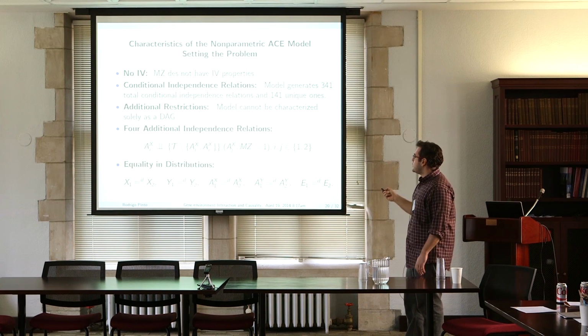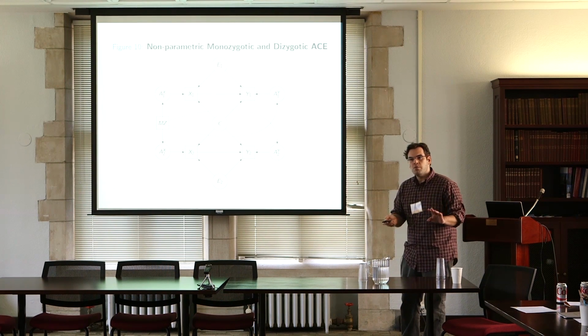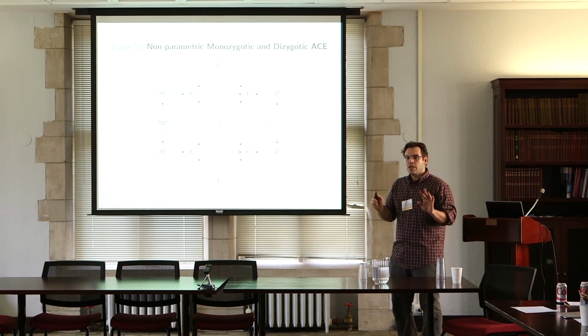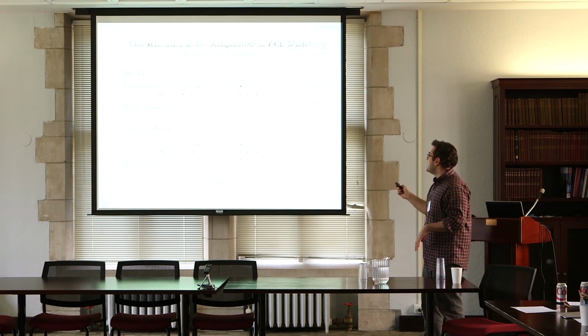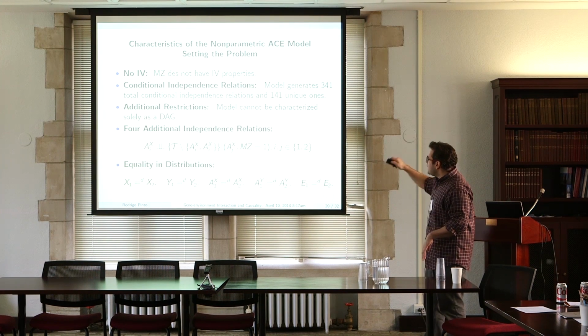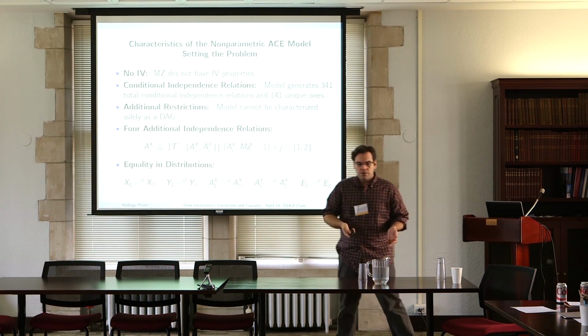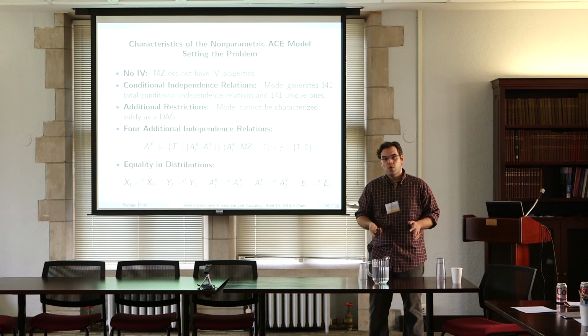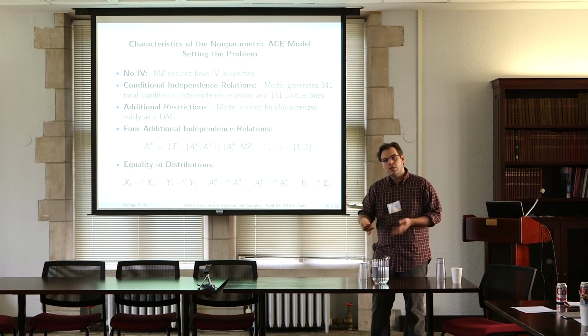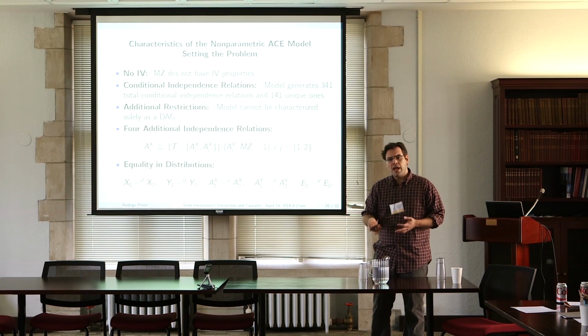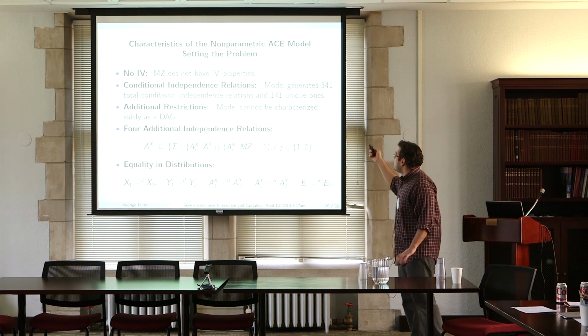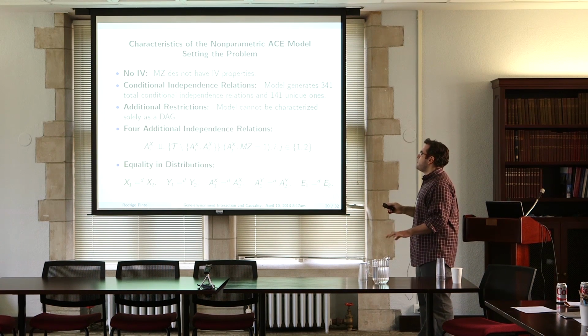In the previous model, the IV model, you have only two independence relations that characterize the whole model. This model is a little bit more complex. Indeed, if you apply simple tools of Bayesian networks, and then apply some tools called graphoid axioms, you generate 431 conditional independence relations.